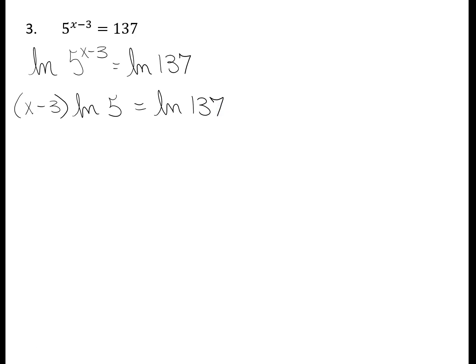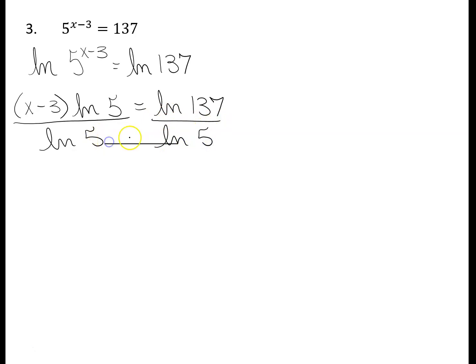And there's two ways we could go from here. We're trying to solve for x. One way would be to distribute the log 5 and then work on isolating the x term. Another way that you might like better in this particular equation would be, since these are multiplied together, I could divide by log 5 on both sides.